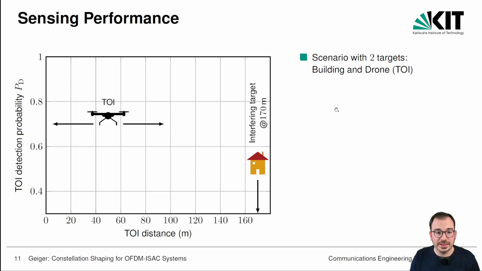To assess the sensing performance, we consider a scenario with two targets. First, a distant interfering target, for example, a building with a large radar cross-section, and a target of interest, so the target which we want to detect, for example, a drone with a very small radar cross-section.